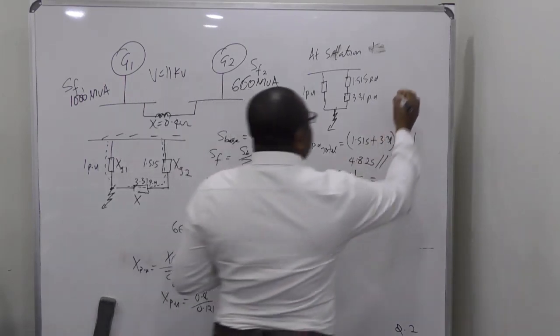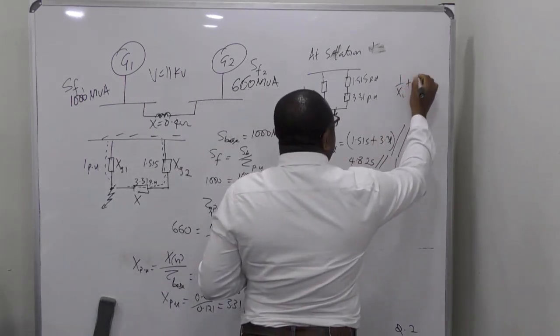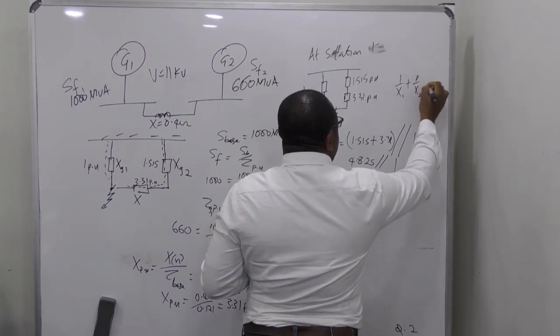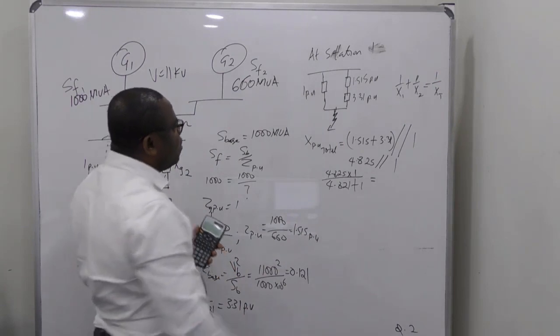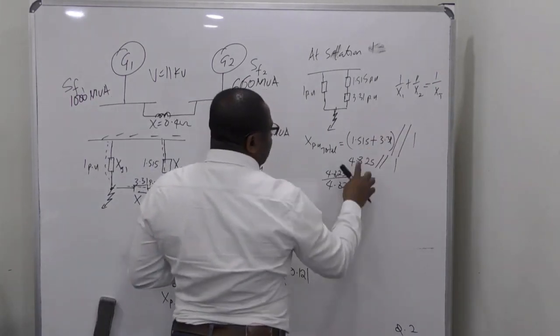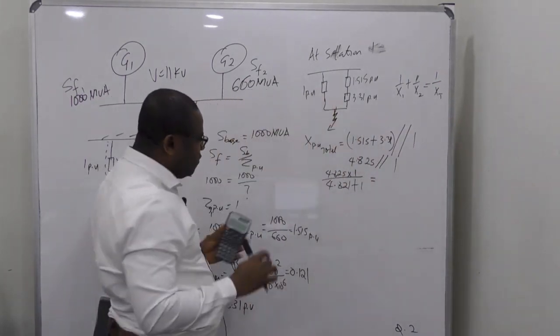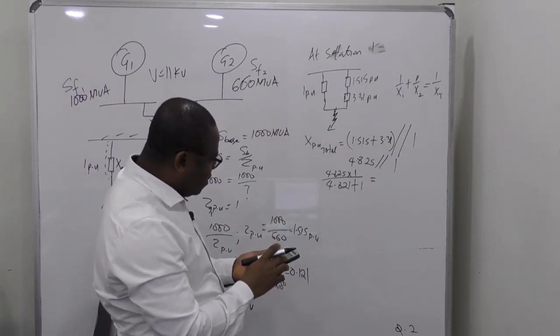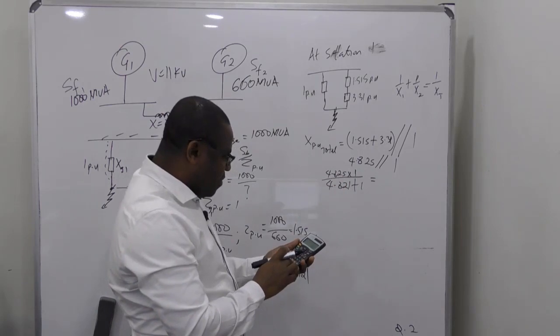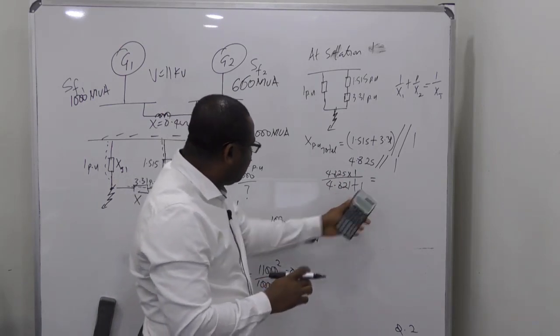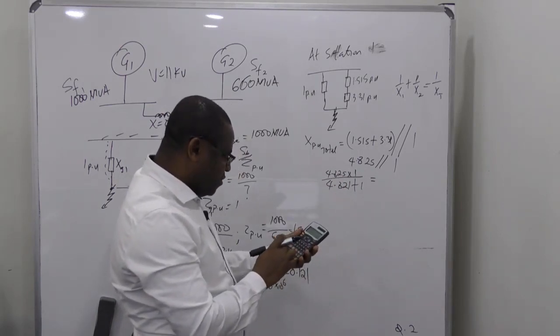That's when you do 1 over x1 plus 1 over x2 equals 1 over x total, right? So we know this and that as this and this, okay? So you can solve. So we have 4.825 divided by this plus this, which is 5.825.